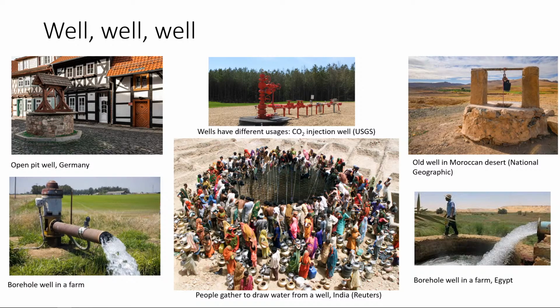Okay, welcome back. Let me tell you some other usages other than extracting groundwater for agriculture or domestic use. For example, something I've done before is to use wells to control saltwater intrusion. There are different ways of doing this. One way is scavenger wells.